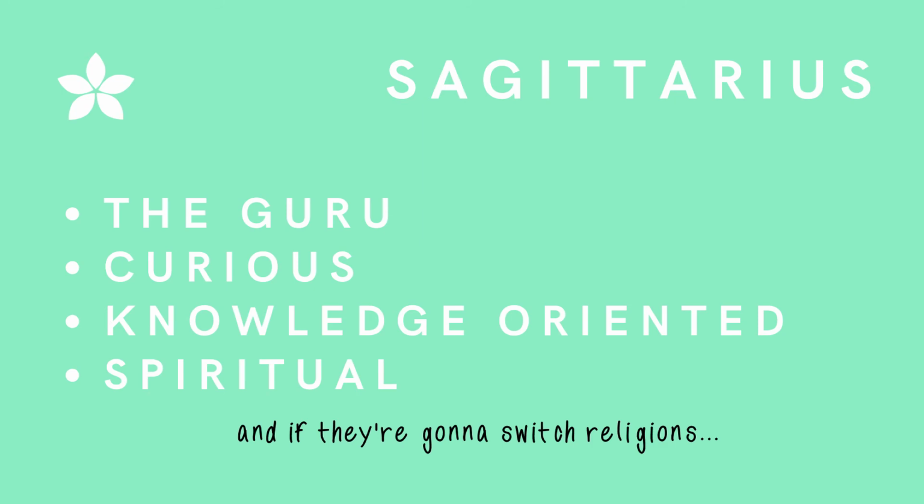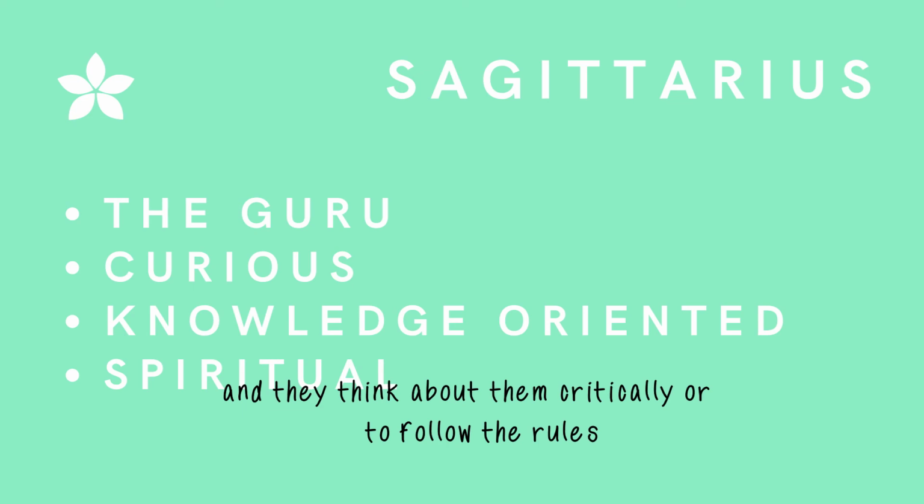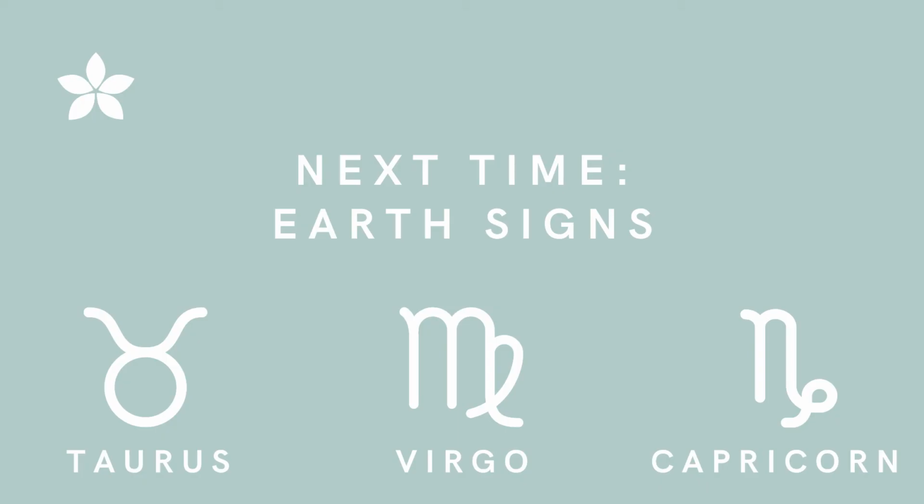And if they're going to switch religion, they'll be really careful about it. So Sagittarius really take religions and beliefs seriously, and they really think about them critically. And that's it for our 3 beautiful fire signs, Aries, Leo, and Sagittarius.